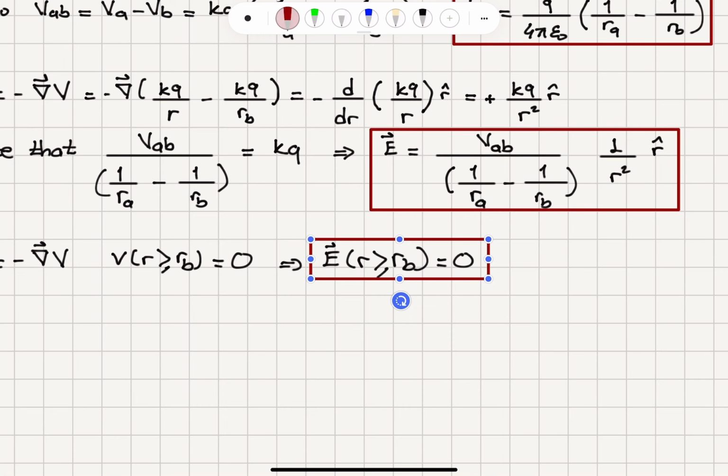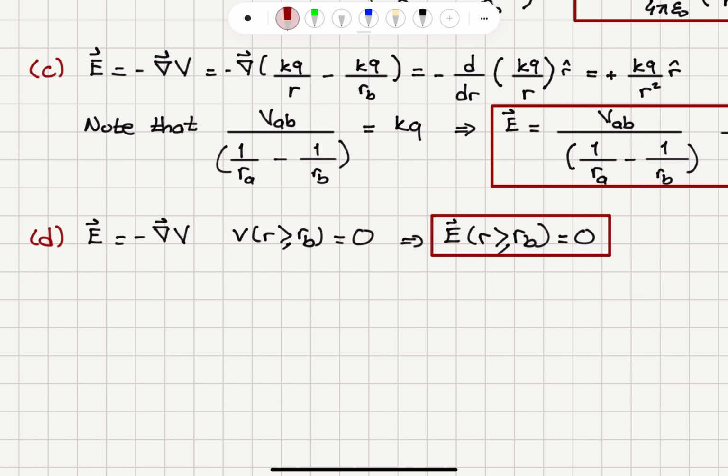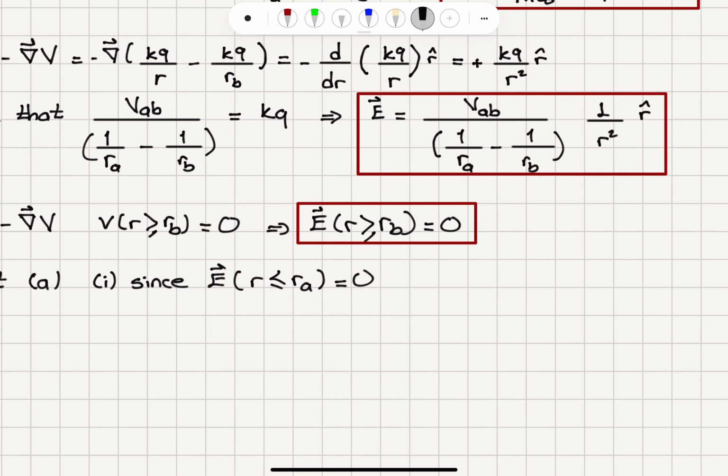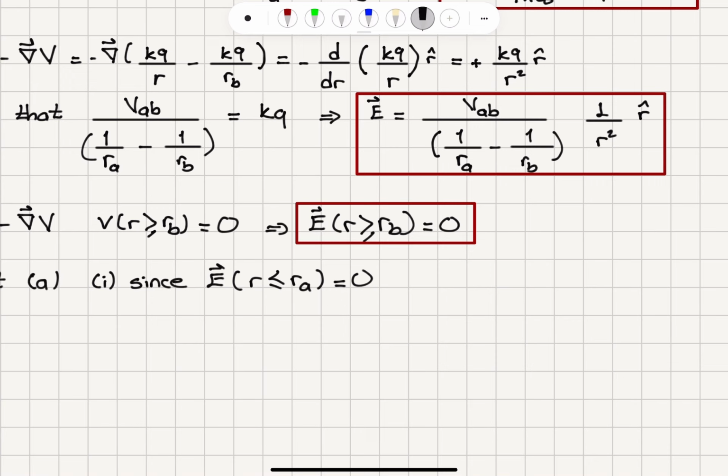In part E, we are changing the charge on the outer sphere and investigating what happens to the answers in parts A, B, and C. Now in part A, by using Gauss' law, I have shown that the electric field for R less than or equal to R sub A is equal to 0 because the charge inside the sphere is still 0.